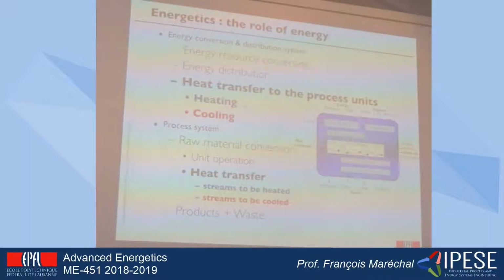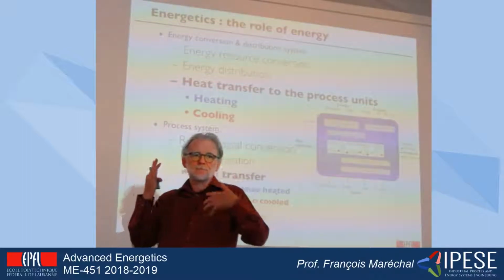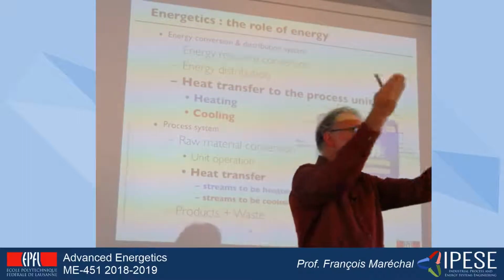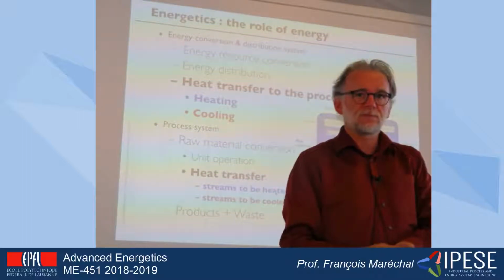That will be a hot stream that will supply the need to the process, which means that it will be connected to a stream in the process that needs to be heated. Okay, so I have to realize that I have this duality between the utility streams that deliver the heat, that are hot streams that deliver the heat, to cold streams in the process streams. Right?